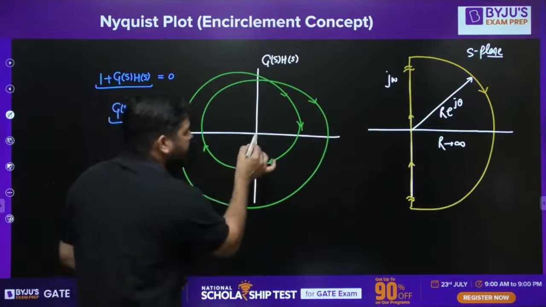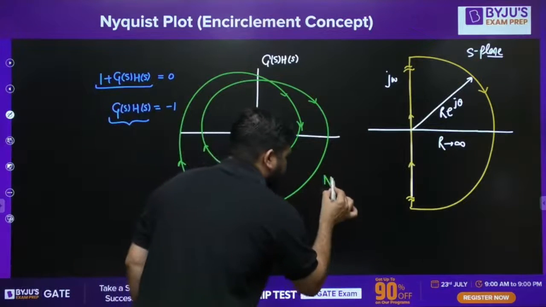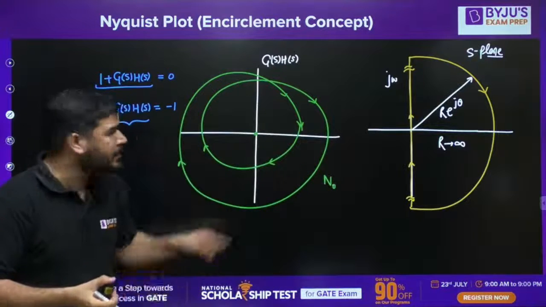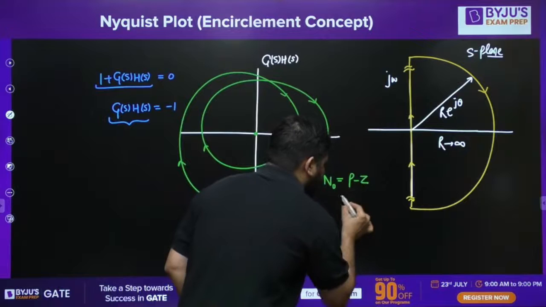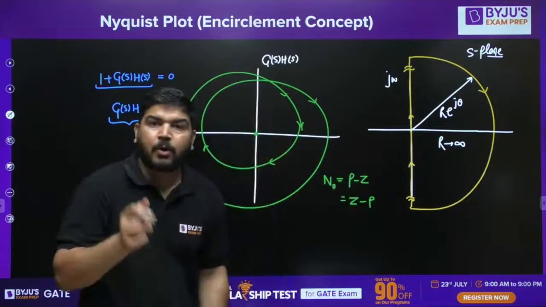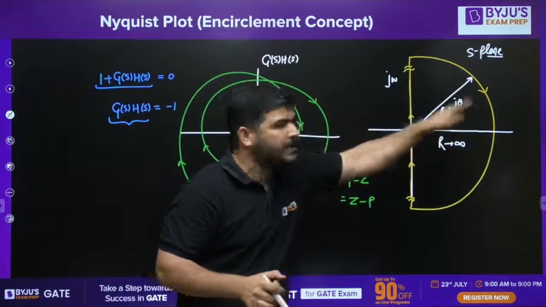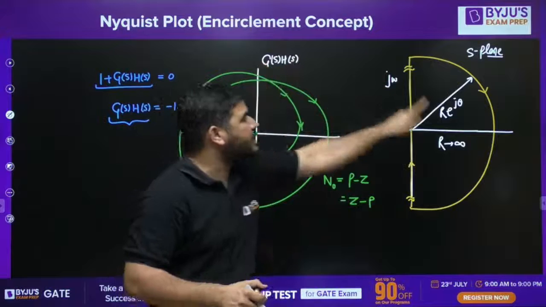Now, if you are looking at the encirclement of the origin, let me write it as N0, then that will be equal to P minus Z or Z minus P. But these poles and zeros are the poles and zeros of G(s)H(s) inside this S-plane contour.